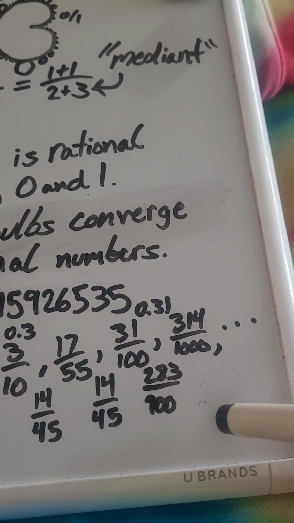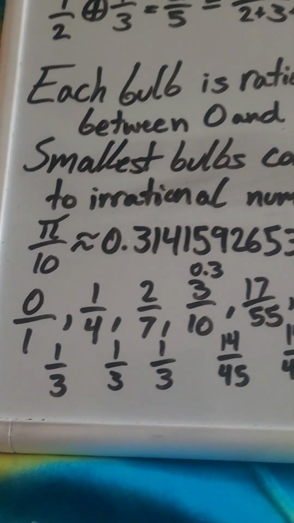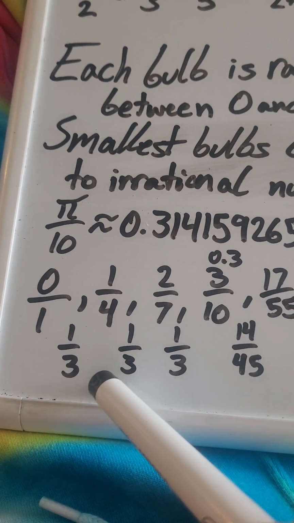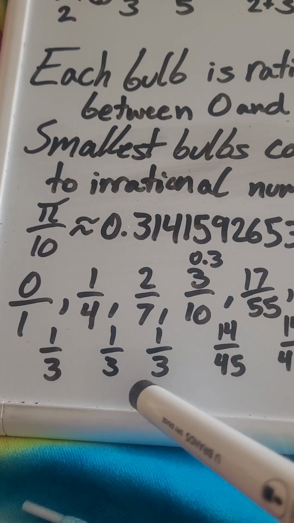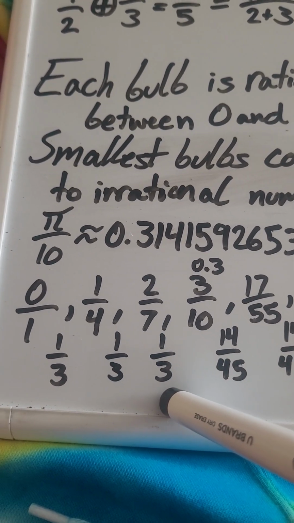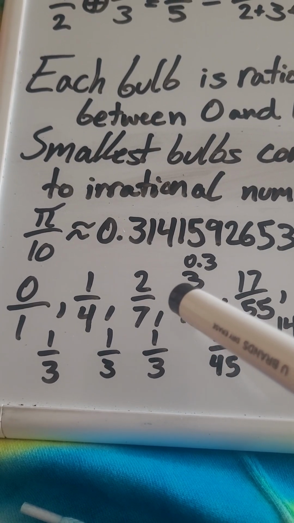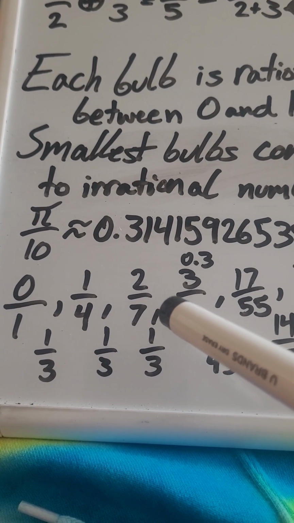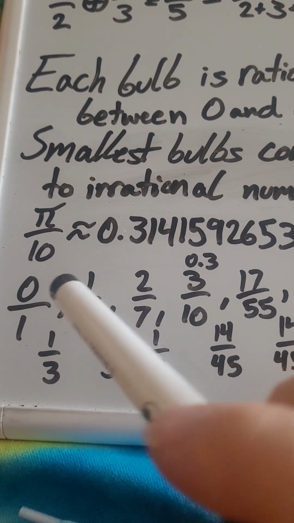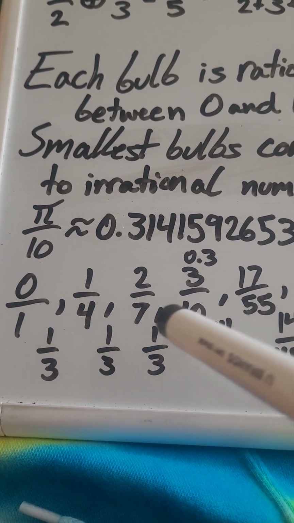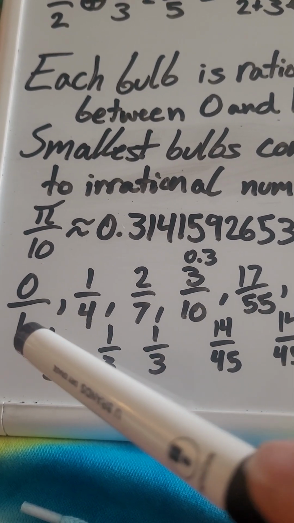And if you're thinking about this quickly, you might be thinking, okay, you medianed with the 1/3 three times. Why didn't you just mediant with the 3/9 bulb, right? You could have just added 3 and added 9.